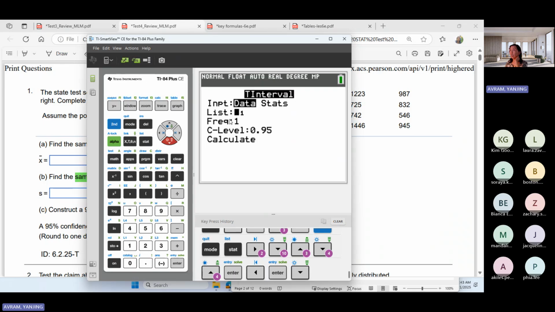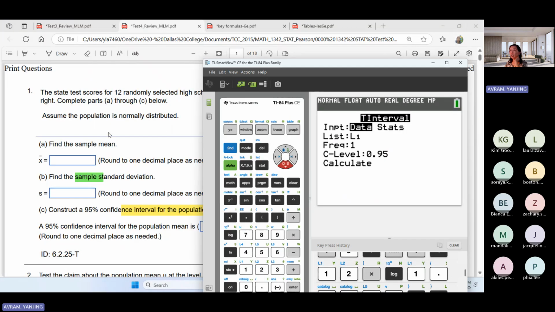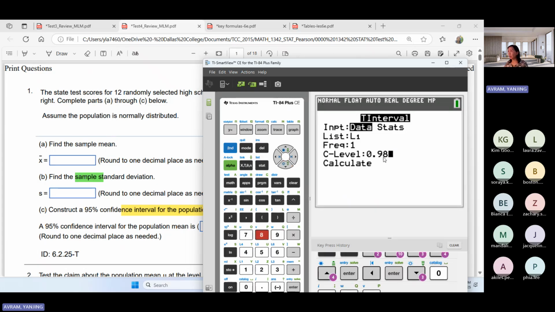Say go to L1. Yes, I'm using my data from L1 to calculate this one. And how much is my interval, my percentage? You can change this one into 95% or 99% or 98% easily from here. If I have 98%, I just change it to 98%. Since this one is 95%, I'm going to go ahead and use the 95 and just hit enter.